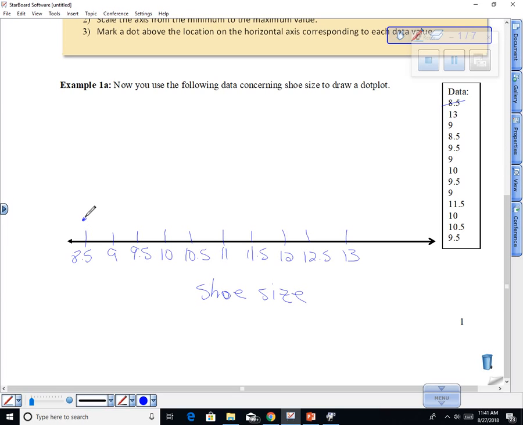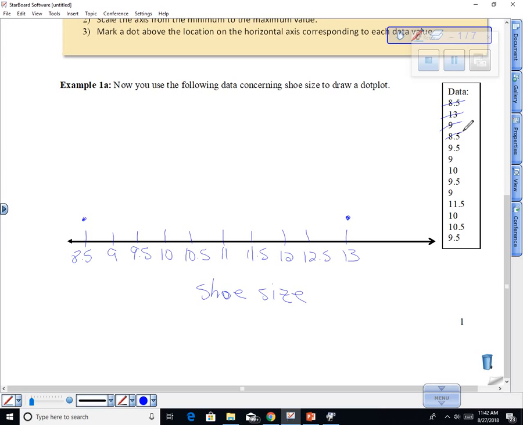Okay? And now I want to keep my first level all kind of the same across the board. So for instance on 13, I want it to be about the same distance away from the axis. So I'm going to put it about right here, hoping it lines up with that 8.5. And then my next ones are 9 and 8.5.